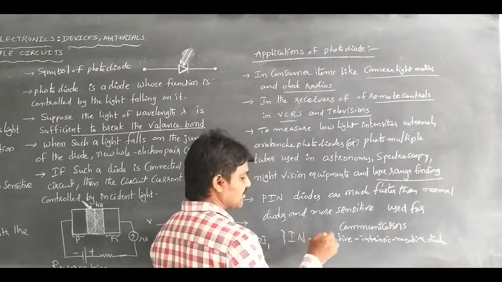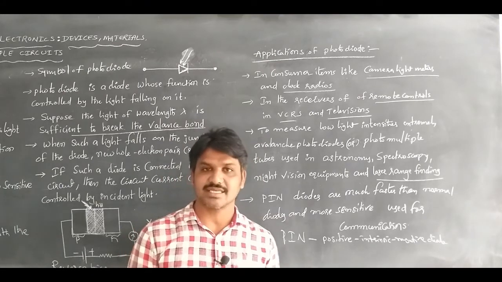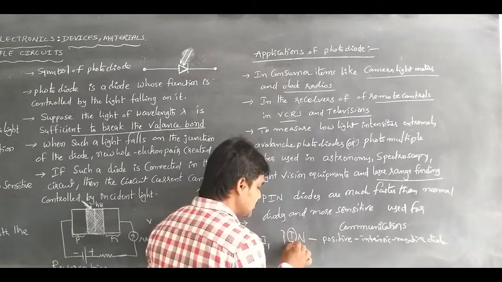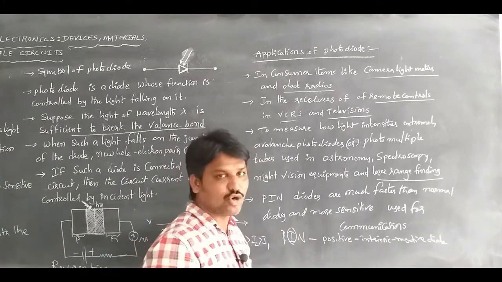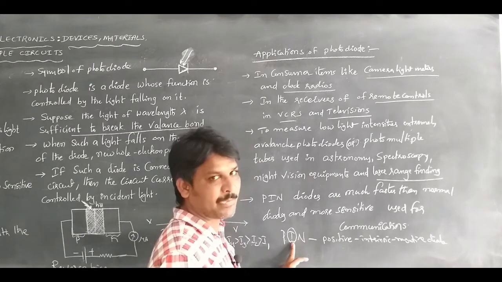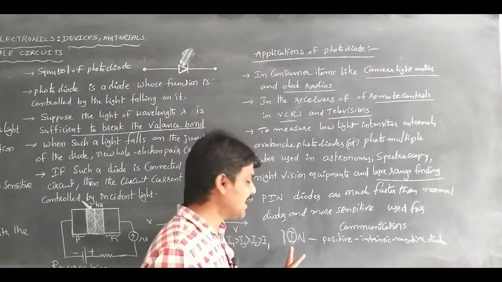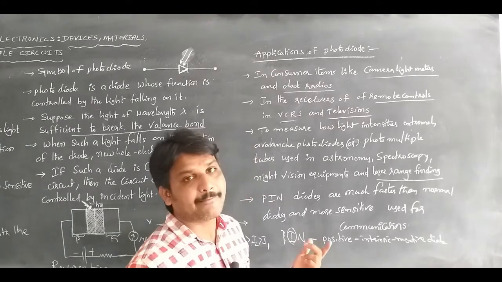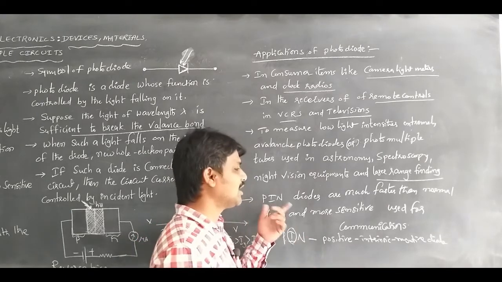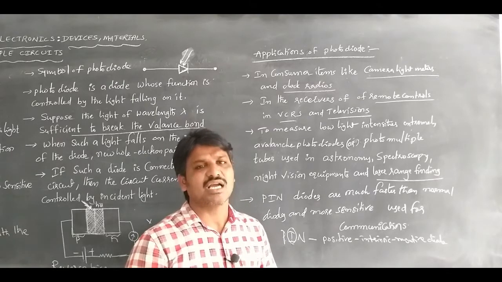A large, neutrally doped intrinsic semiconductor is sandwiched between the p-doped and n-doped materials. Then a positive intrinsic negative diode is formed. These diodes are much faster and more sensitive, and can be used for communication purposes.